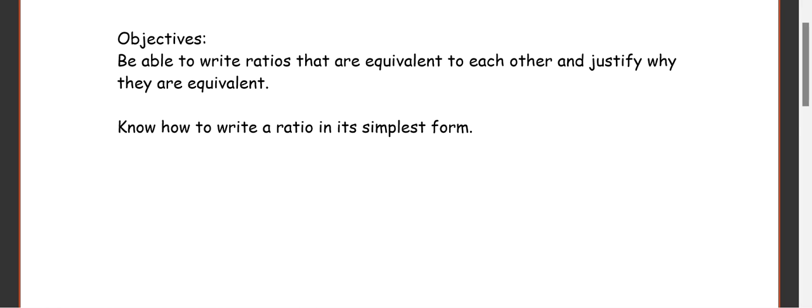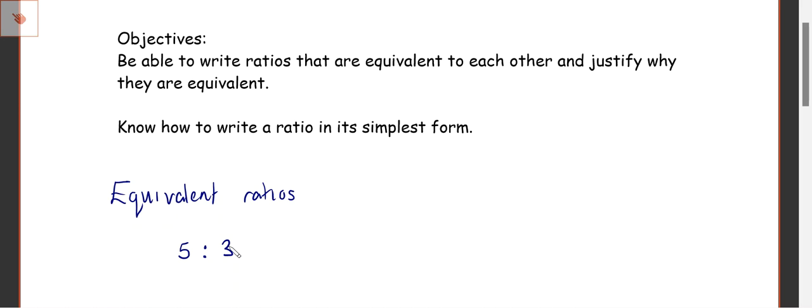So, equivalent ratios. Anyone want to talk me through? Corin, give me a ratio to start. 5 to 3.